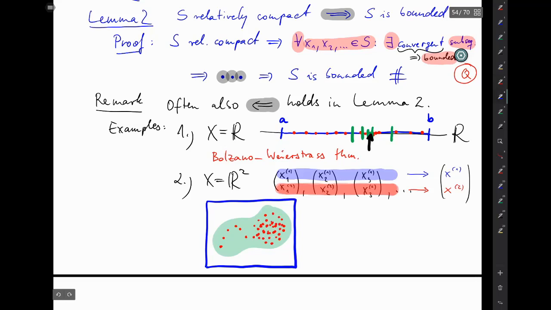And now, because this is 2D, you divide it not in 2 but in 4 parts like this. And then, because in total you have infinitely many red points, in one of those 4 quarters there must still be infinitely many red points, and then split that again. And continue as we did in the 1D case. And so on. I think you're getting the idea, and you can almost see the accumulation point.